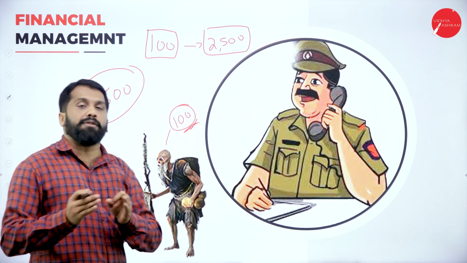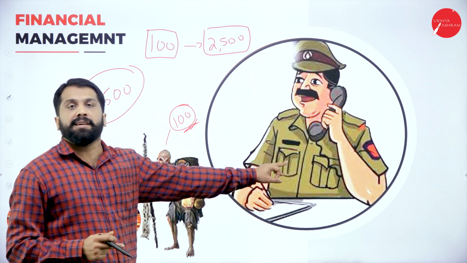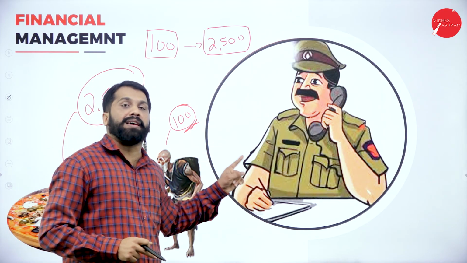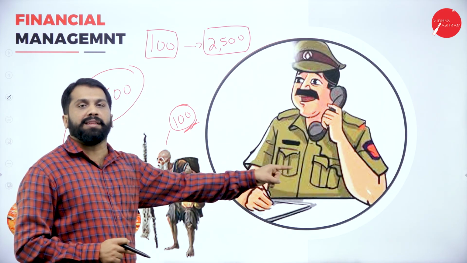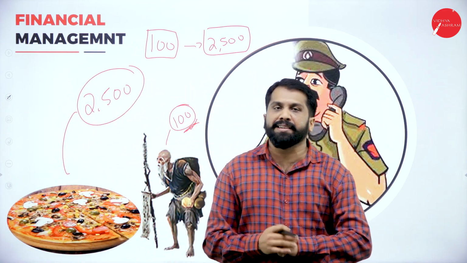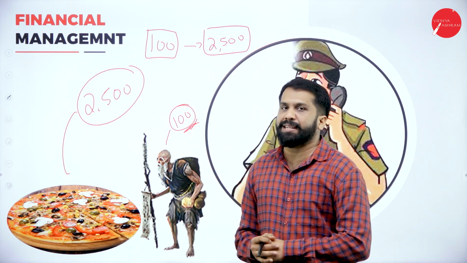Whatever may be the way, he has not paid to the hotel, but he paid to the policeman. But finally what happened? He enjoyed 2,500 worth of food by paying only 100. This is called financial management. Hope you understood what financial management is.